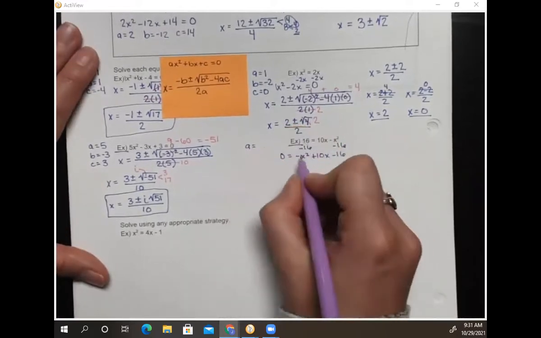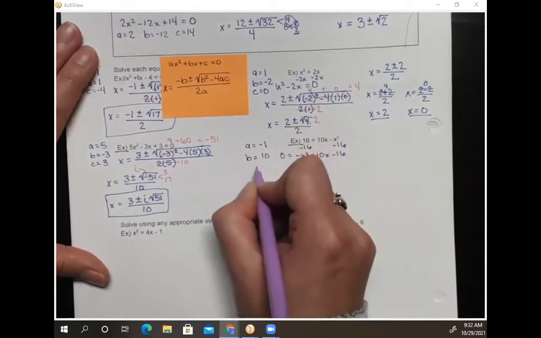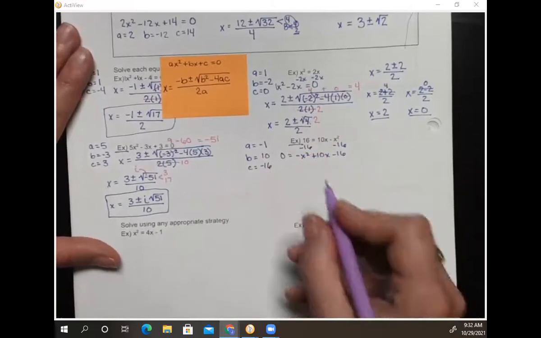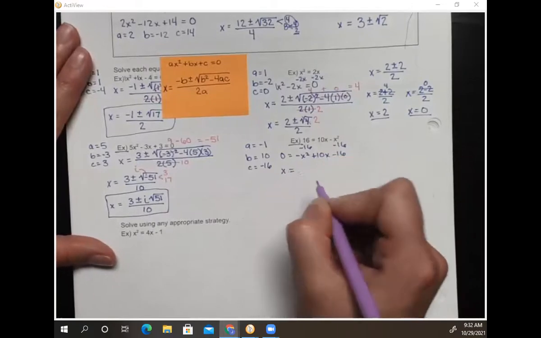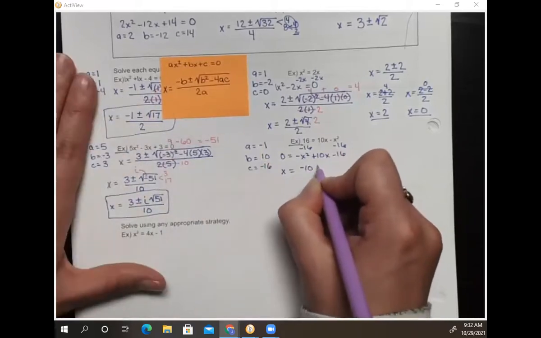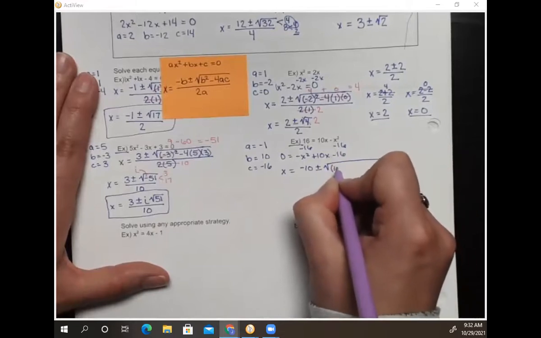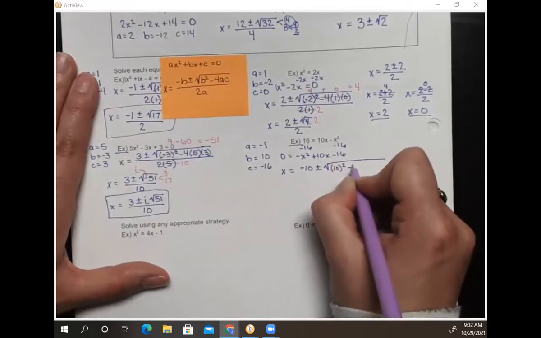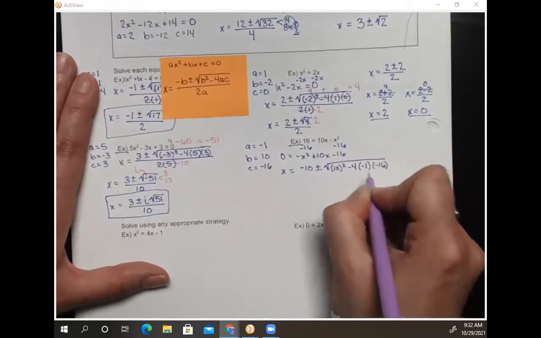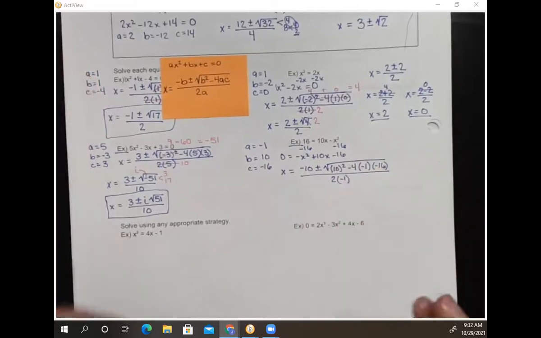My a value here is -1, b is 10, and c is -16. And now I'm going to plug this into quadratic formula. So x equals opposite of b, so I'll have -10 plus or minus the square root of 10 squared minus 4 times -1 times -16, all over 2 times -1.